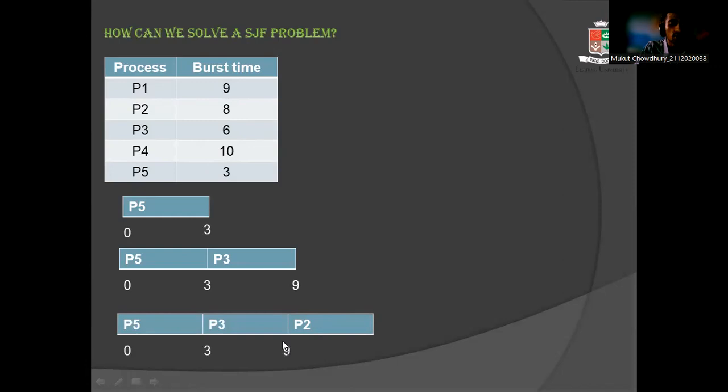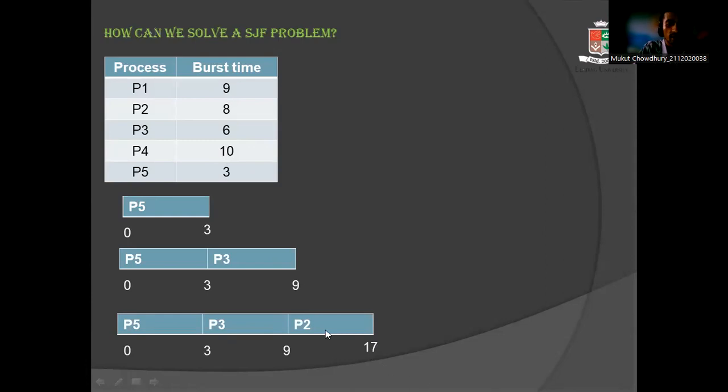What is the start point of P2? The ending point of P3 is the start point of P2. And what will be the ending point of P2? Its burst time is 8. So after completing its job, it will end at 9 plus 8, which is 17.